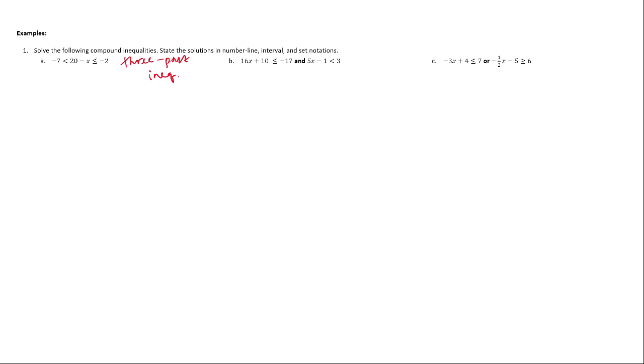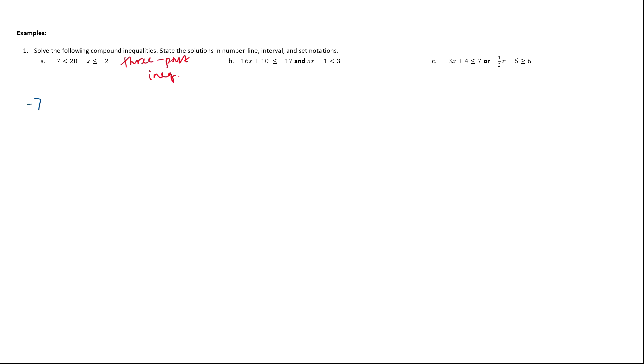So to isolate the variable here, we notice that x is in the middle, and right now it's with the term 20 in front of negative x. So the first thing we're going to do is get rid of the constant term, just as we would when we had linear inequalities before. So I'm going to start with subtracting 20 on every part of this inequality.